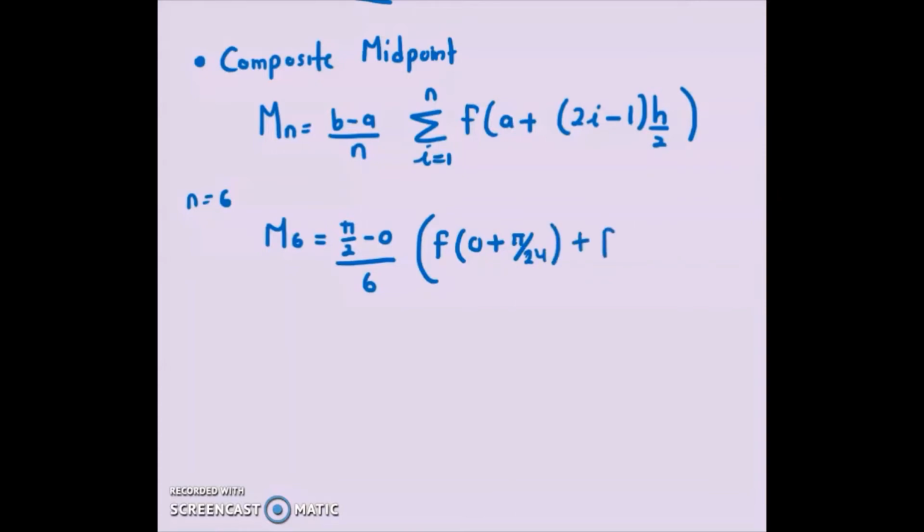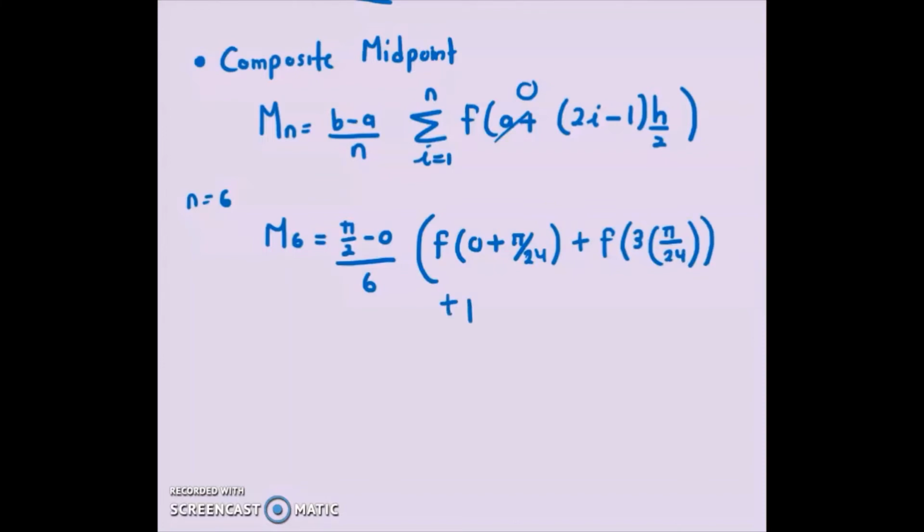And then plus f of, okay, forget about this one, this is 0 because a is 0. So when i is 2, times 2 is 4 minus 1 is 3, so 3h over 2, so 3 pi over 24.